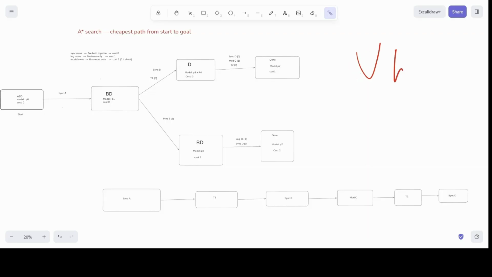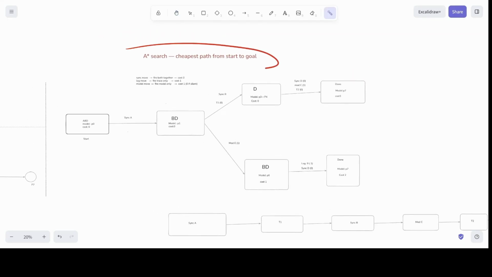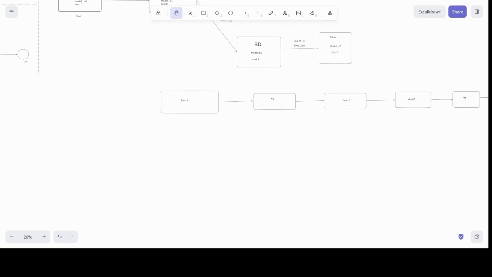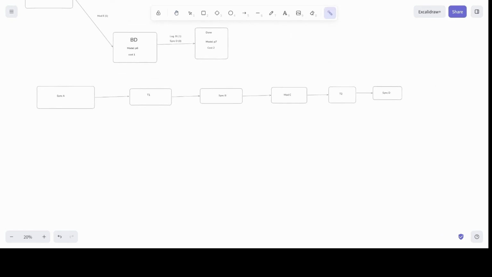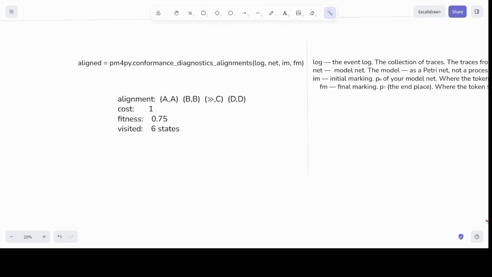This wins. As you can see, the name of our algorithm actually reveals it. It's A star search, cheapest path from start to goal. So we found the cheapest path. This is a win. Now, let's go down. You can see it for yourself. This is the path. So now if you were coding and you're using PM4Py, you'd use only this one line to do all of what we did.